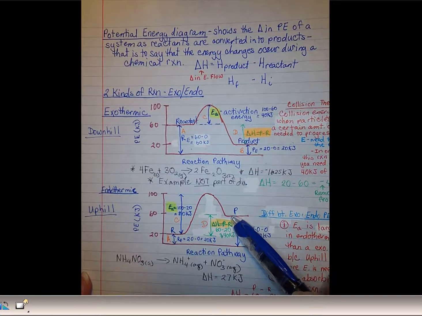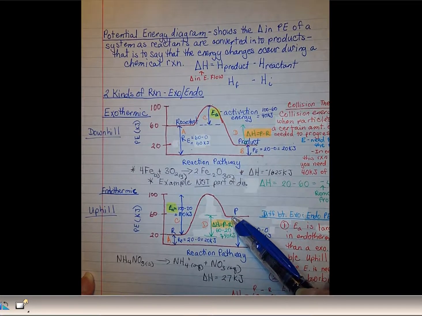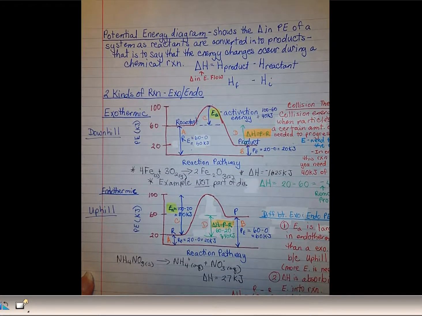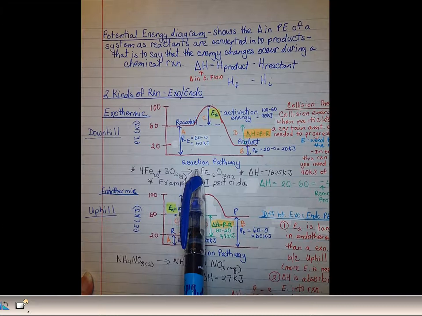With that being said, there are certain characteristics in an energy diagram that you will be responsible for, and that you need to look at when you're reading it. First, just to talk about the graph real quick, the x-axis is called the reaction pathway.